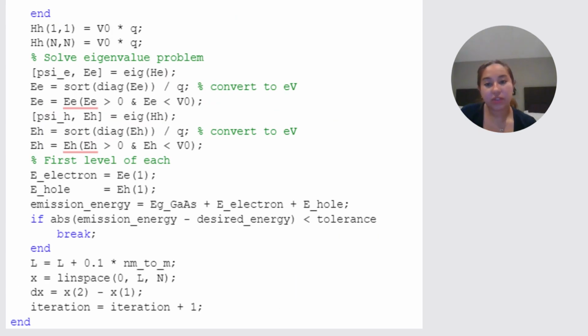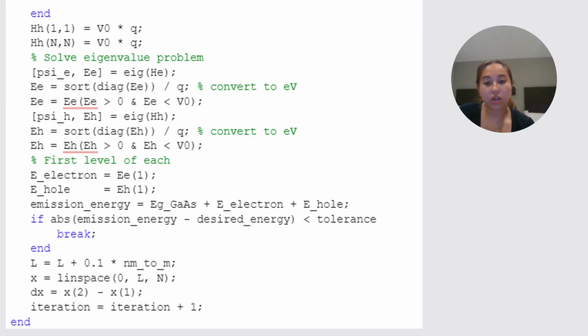The Hamiltonian matrices for electrons and holes are then constructed. These are two tridiagonal matrices where the off-diagonal terms correspond to the kinetic energy operator derived from the finite difference approximation of the second derivative, and the diagonal terms include both kinetic contributions and the potential barriers. To simulate confinement, the potential at the edges of the well is set equal to the barrier energy.